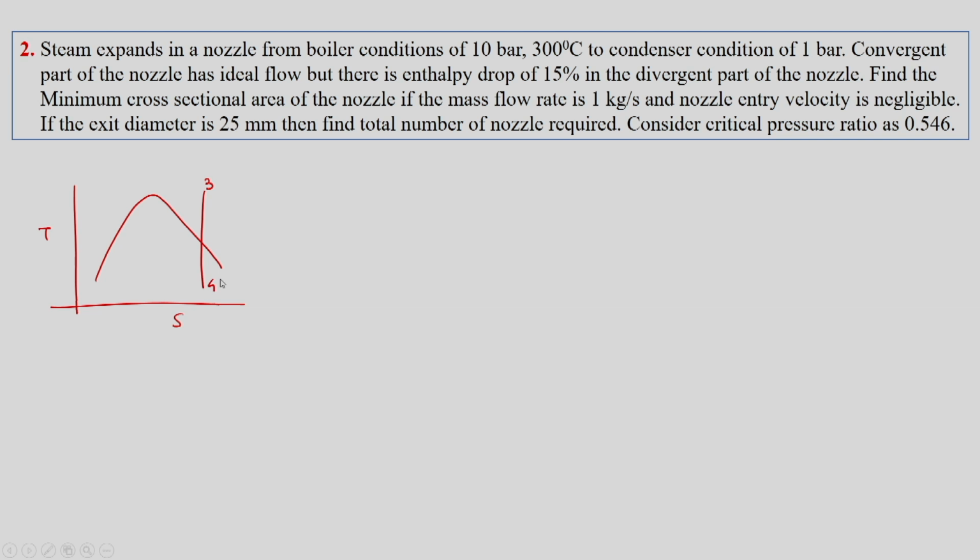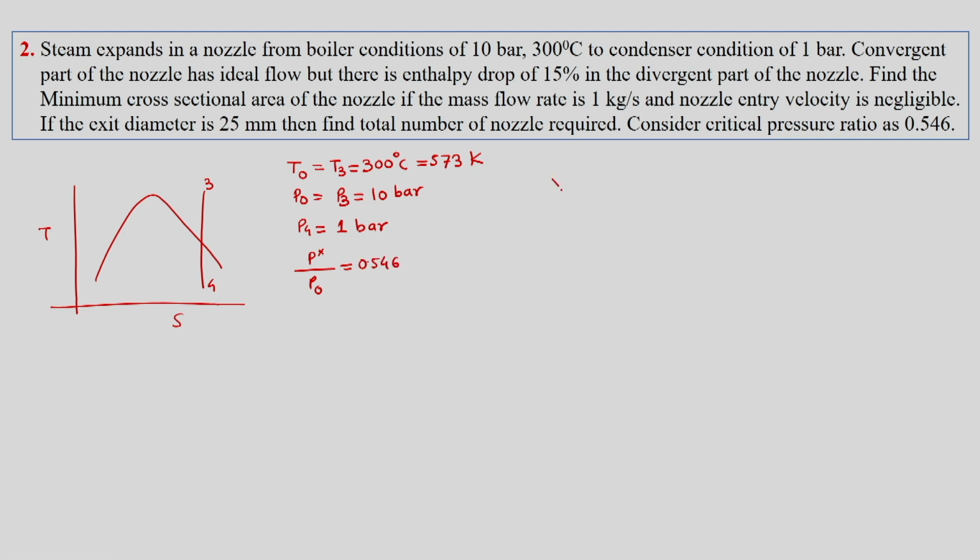Here as well we will have 3 and 4. So, given conditions are T naught is equal to T3 is equal to 300 degrees Celsius is equal to 573 Kelvin, P naught is equal to P3 is equal to 10 bar, and P4 is equal to 1 bar. We have been given that P star upon P naught is equal to 0.546.